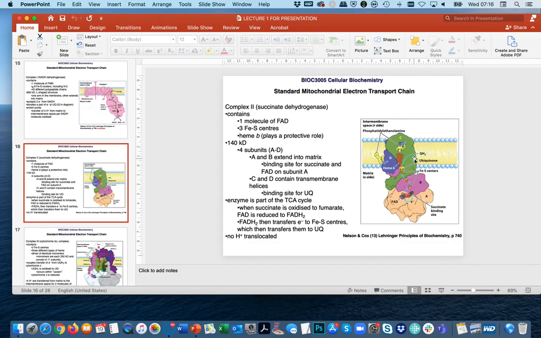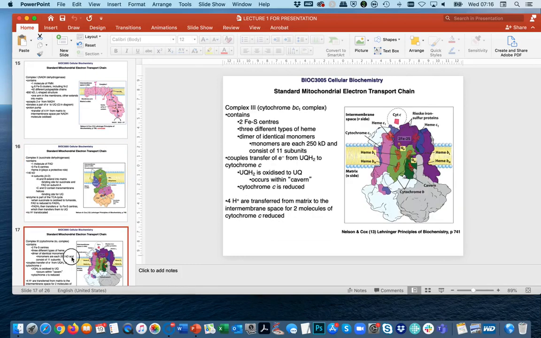So they end up in the ubiquinol pool, or the UQ pool. You'll hear and read those different phrases. Okay, so the electrons end up in the same place as where electrons end up from complex 1. But notice that in complex 2, no protons are translocated across the inner mitochondrial membrane.